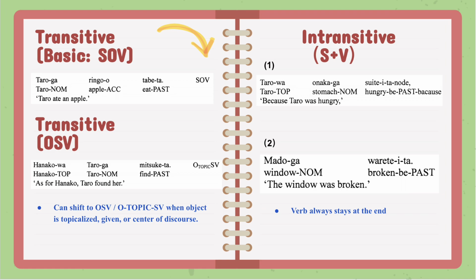Sentences like this, because Taro was hungry, or this one, the window was broken, show that even with different semantic roles, the verb position doesn't change. Overall, Japanese allows some movement inside the sentence depending on information structure, but verb-final order is non-negotiable.